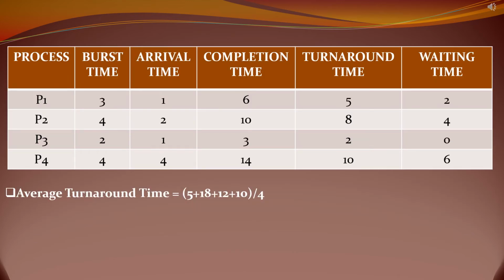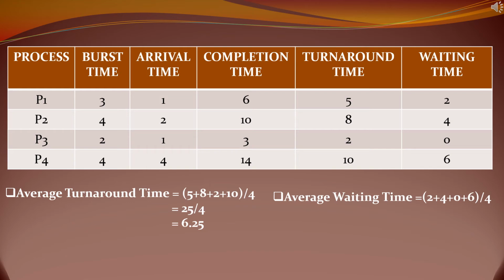So the average turnaround time equal to 5 plus 8 plus 2 plus 10 whole divided by 4 equal to 25 by 4 equal to 6.25. So the average turnaround time is 6.25 millisecond.